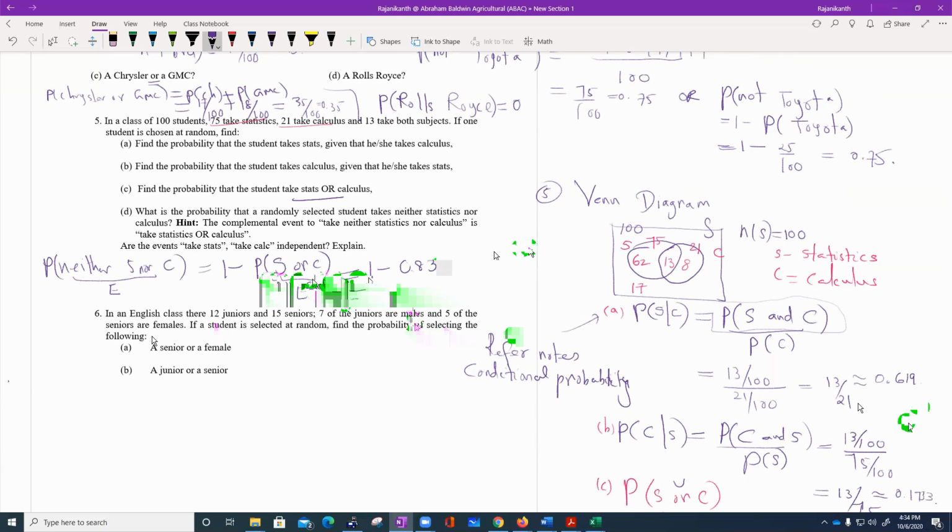Subtract this, so it's going to be 0.17. In other words, they are asking for the students who never take both subjects, that is simply outside of these two circles, which is 17 over 100. So you will get the same answer, 17 over 100 is 0.17.